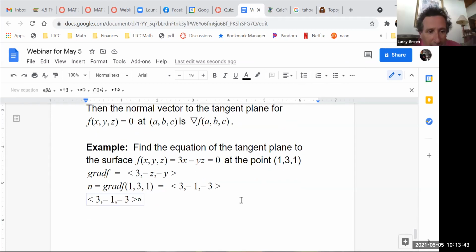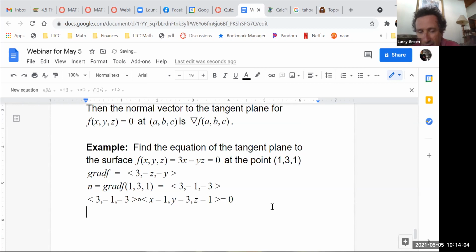Okay, then we're going to dot it. So we take the gradient and we're going to dot it with a vector in the plane. And that's going to be (x minus 1, y minus 3, z minus 1). And that's equal to 0. Okay, and then the rest is kind of busy work.